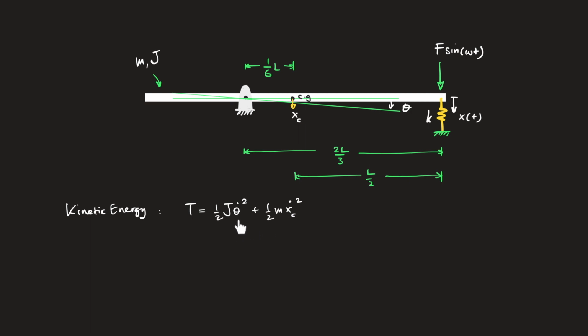We can see that the kinetic energy here is in theta and xc, but we want the generalized coordinate to be in x. From the linearizations, we have x equals 2L over 3 multiplied by theta, and xc is L over 6 times theta.